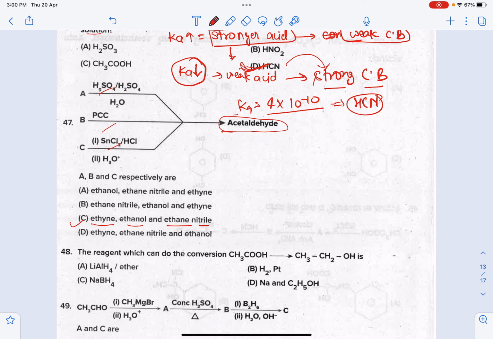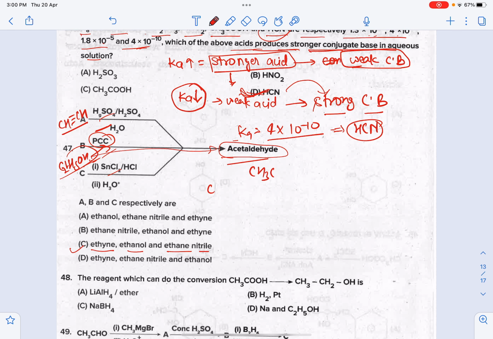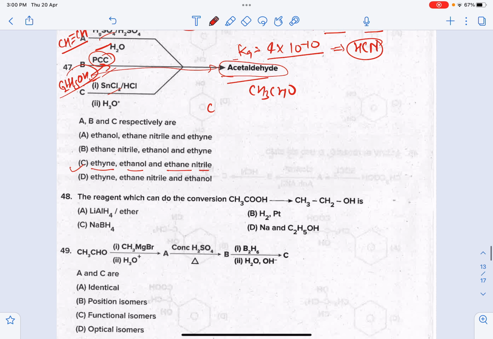Ethyne, CH triple bond CH, reacts to produce acetaldehyde. Ethanol, C2H5OH, gets oxidized with PCC and produces acetaldehyde, CH3CHO. Next is ethane nitrile, C2H5CN, which also produces acetaldehyde. Our correct option will be C.